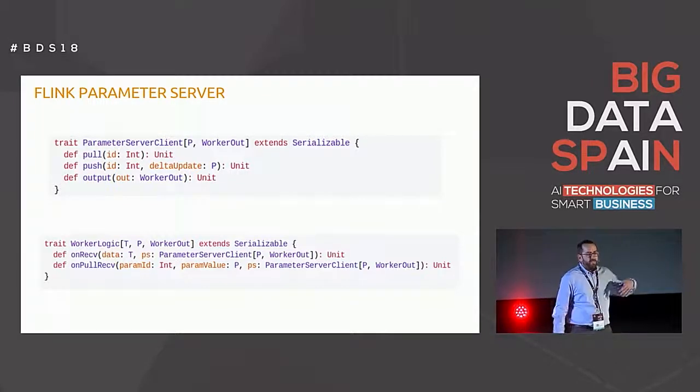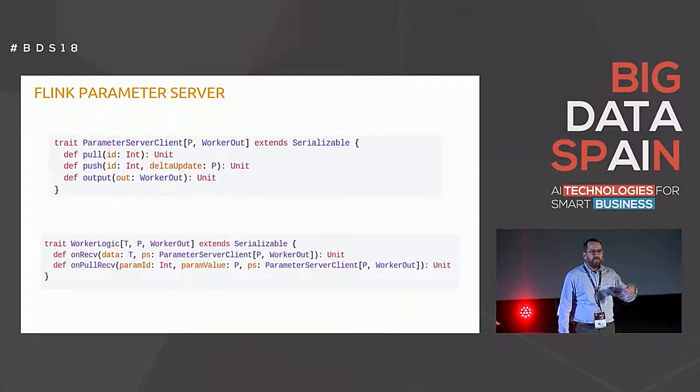This is the interface between the workers and the parameter server, but how do we implement the relation with the parameter server? We only have to implement two things. What we do when we receive data, we implement the method onReceive.